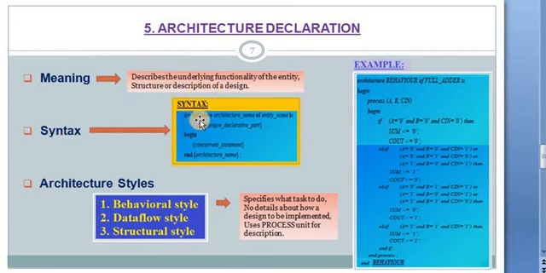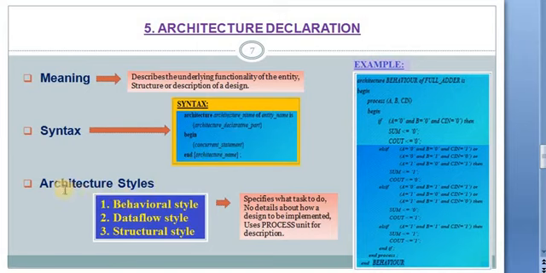The architecture with architecture name is specified as per the initial entity name declared before this. After this, all the logical equations are specified for the execution of the desired action. So all the statements are defined after this initial declaration of the architecture, and then architecture name is closed.